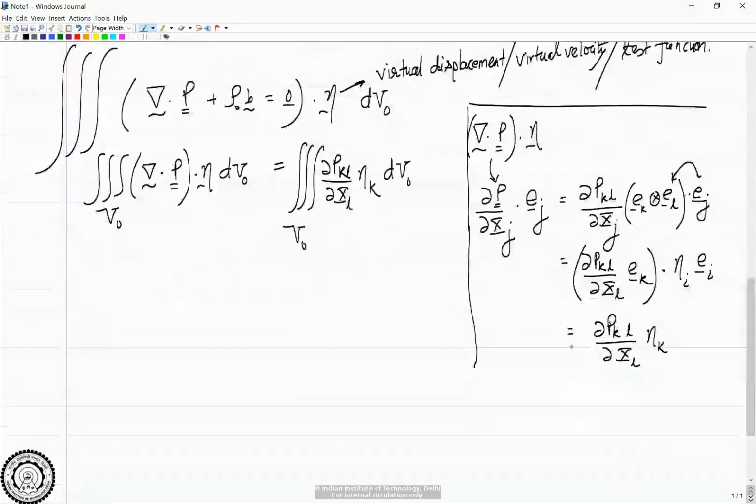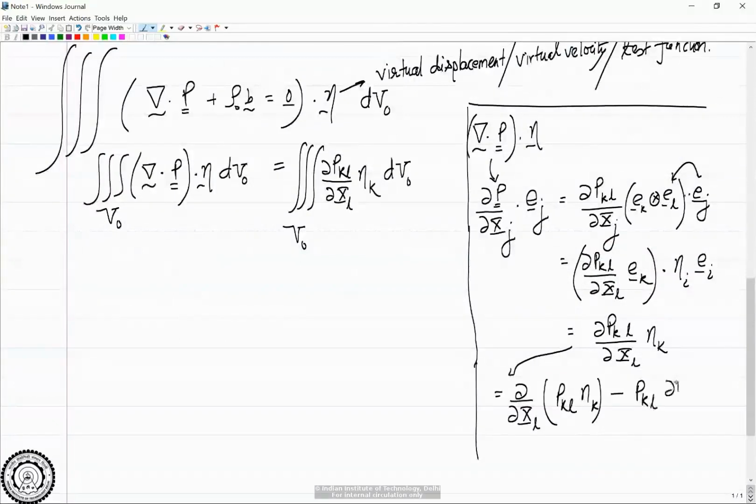But the same thing can also be written as del over del XL of P kl eta k minus P kl del eta k over del xl, isn't it? Just using the product rule.